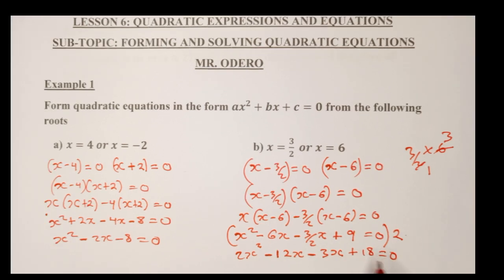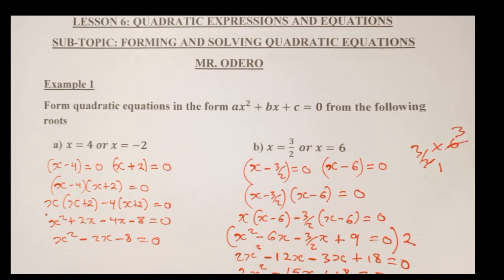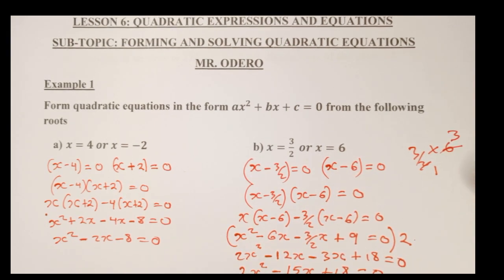So finally, if you add this one, this one will be 2x squared, then negative 12x minus 3x, that will give you minus 15x plus 18 equals 0. And that is how you form a quadratic equation from the roots.